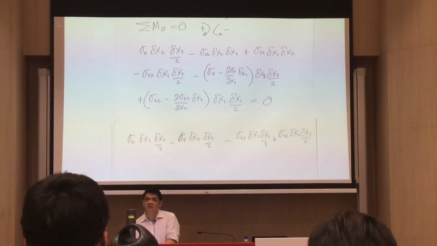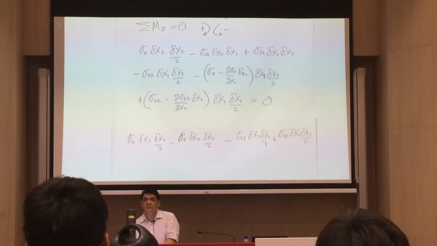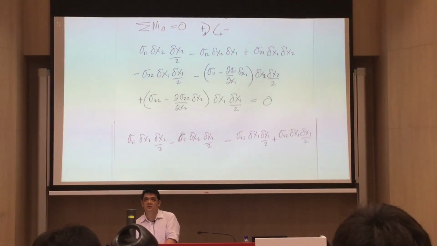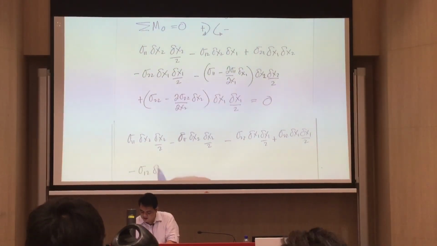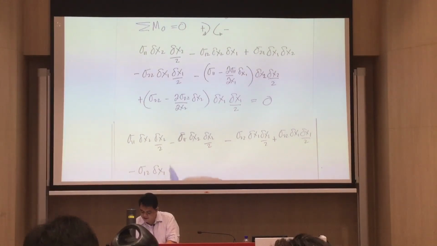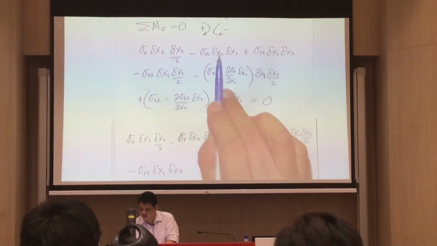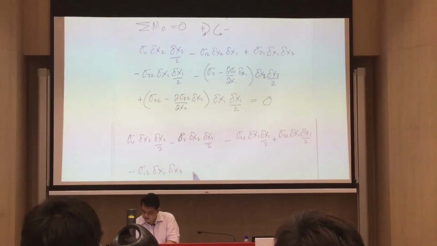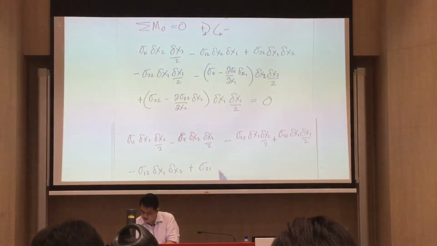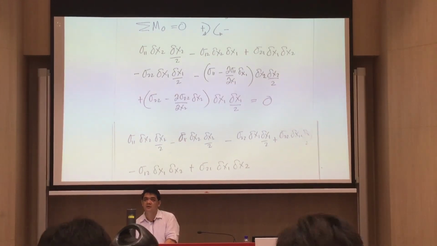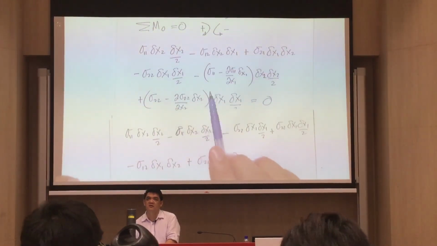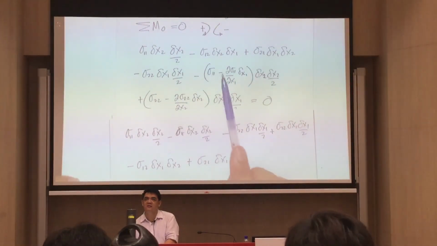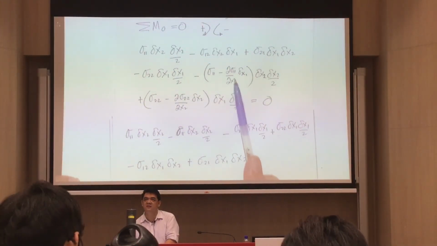So let's try to look at the other terms now. What are the other two terms? The other two terms are minus sigma 1,2 delta x1 delta x2, so let me just interchange these two, and then plus sigma 2,1 delta x1 delta x2. And then we have these other two terms here. This is already up there, so let's look at this term here.